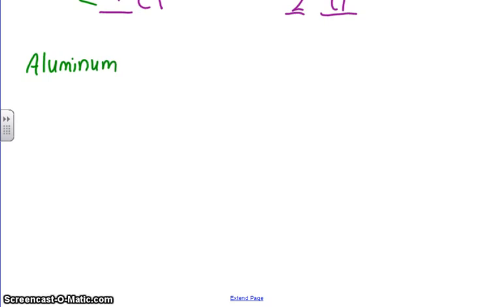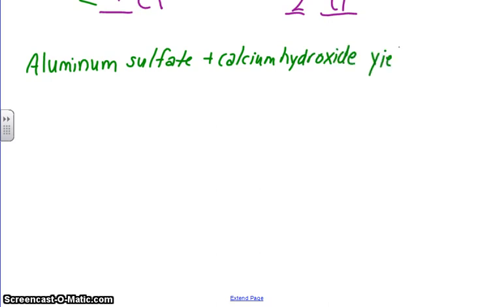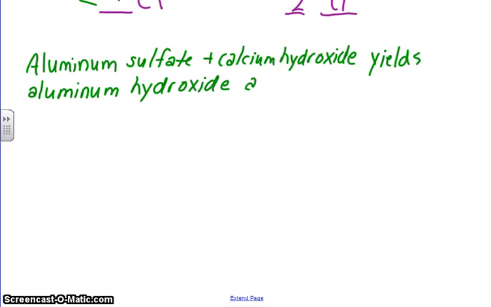Try writing these formulas: aluminum sulfate plus calcium hydroxide yields aluminum hydroxide and calcium sulfate. Try and write that.